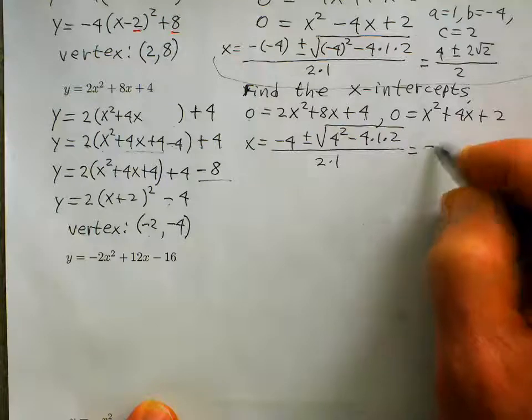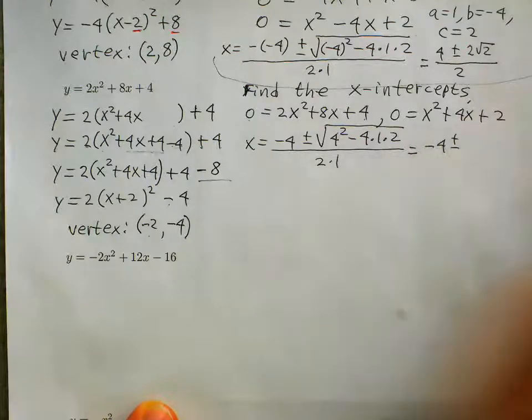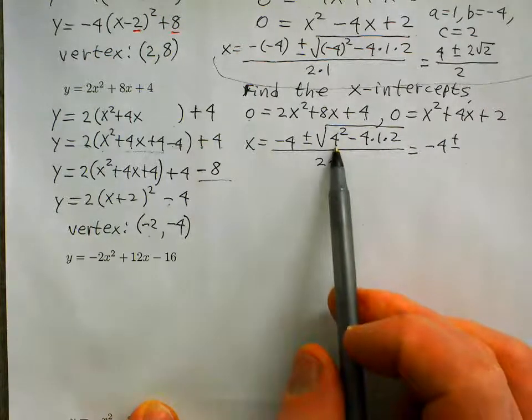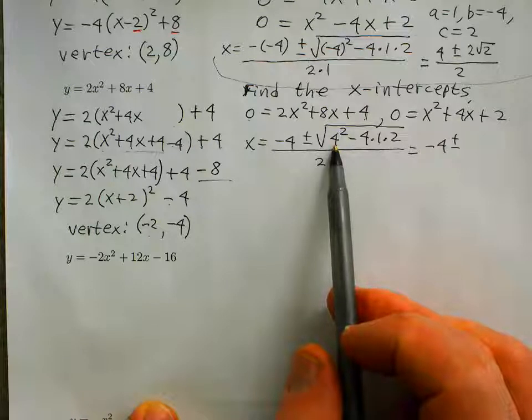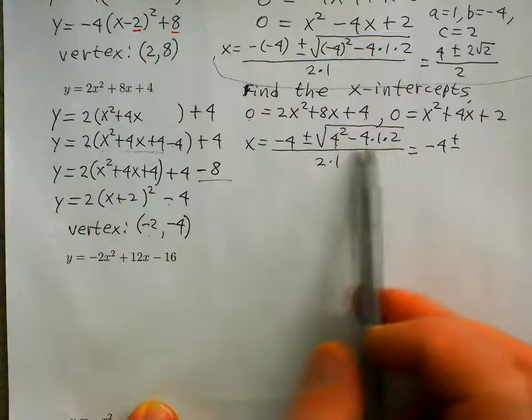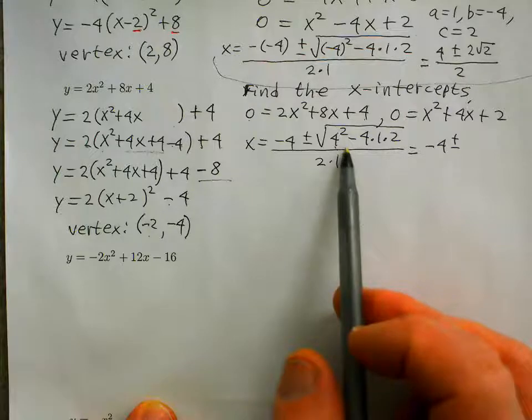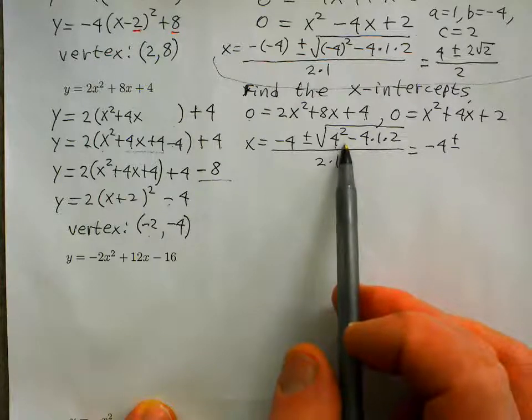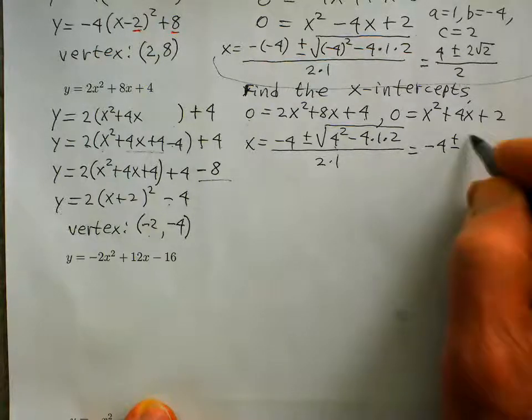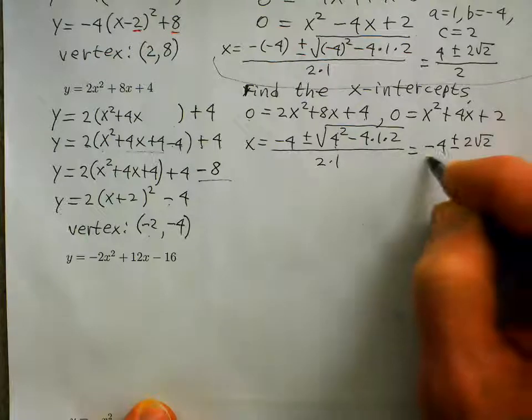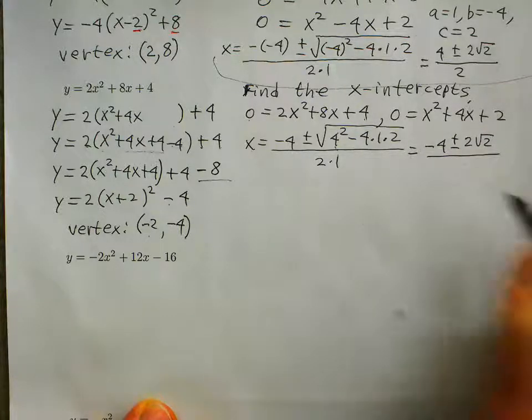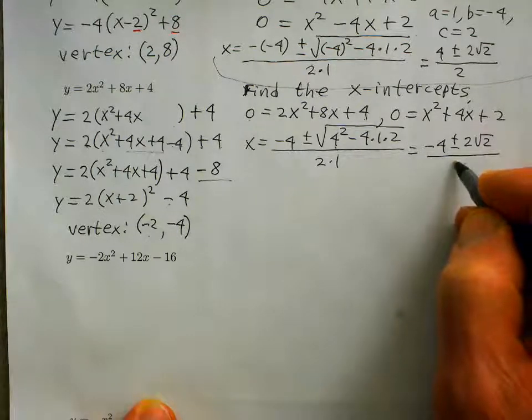So we get -4 plus and minus. Inside the square root, we have 16 minus 8. Again, we saw that before. The square root of 8 is 2 times the square root of 2. So -4 plus and minus 2 times the square root of 2, all divided by 2.